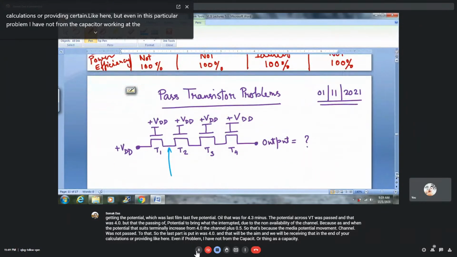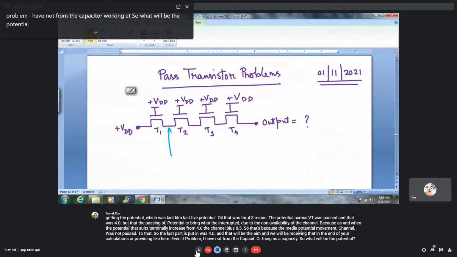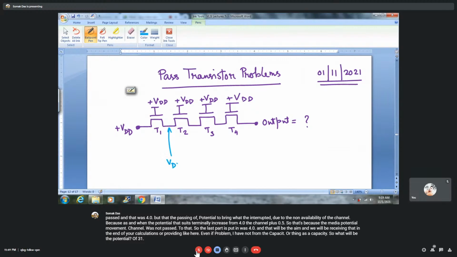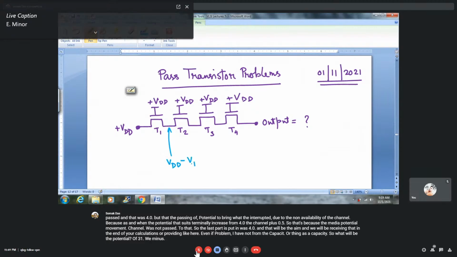So what will be the potential at this point after T1? VDD minus VTH. Yes or no?